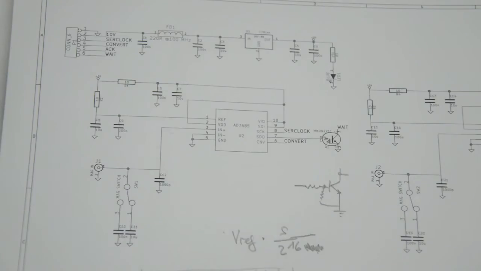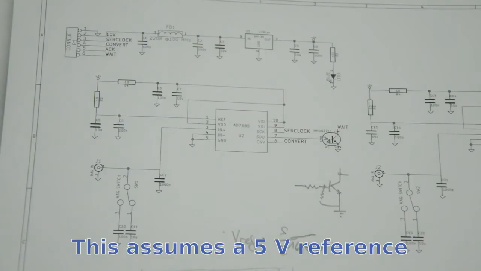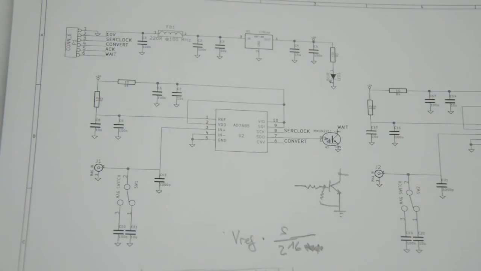So all the way 0 would be 0 volts in, but 1 on the least significant bit would be, if you do the math, around 76 point something microvolts. So we're measuring microvolts here. Of course, this is an idealized assumption, but still, the resolution that you get is pretty good.